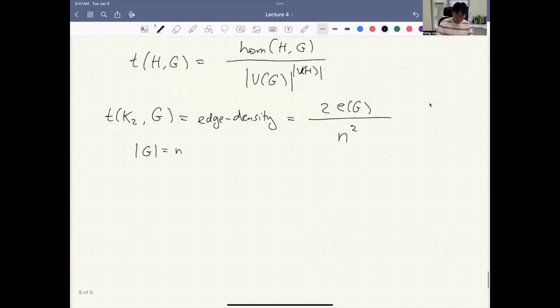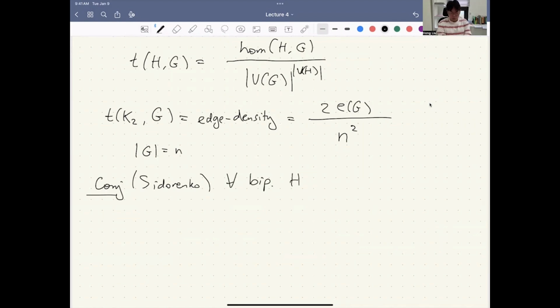Sidorenko's conjecture says, for any bipartite graph H, a random graph with the same given edge density minimizes the H density.